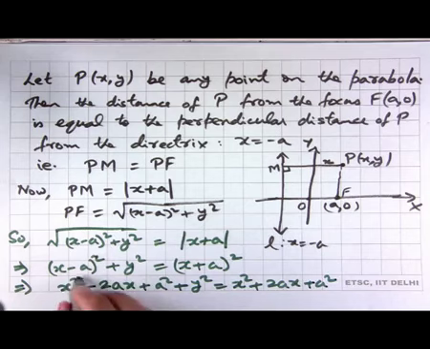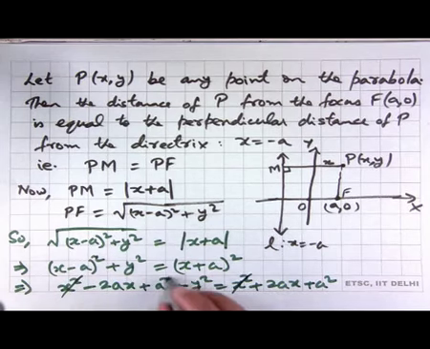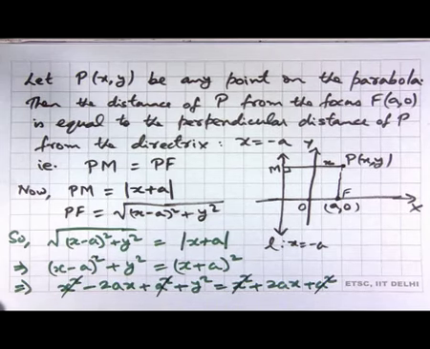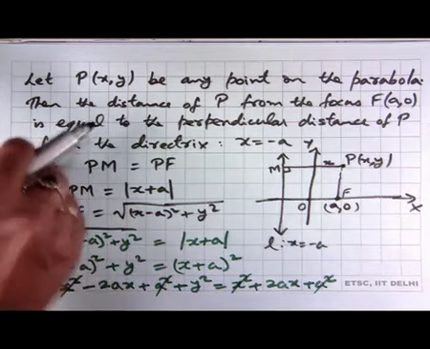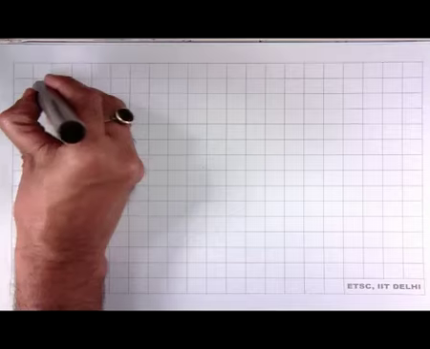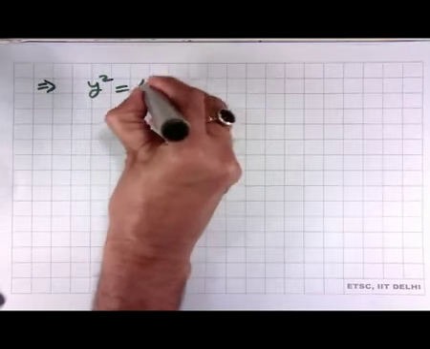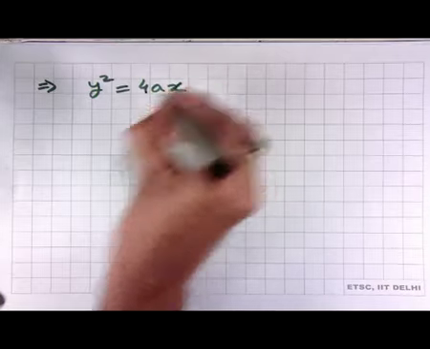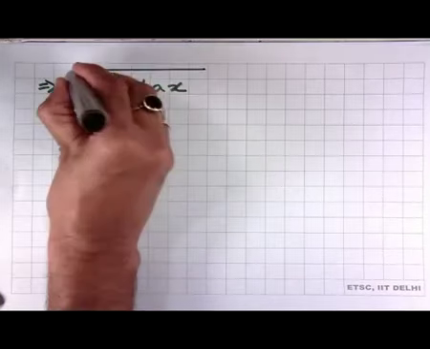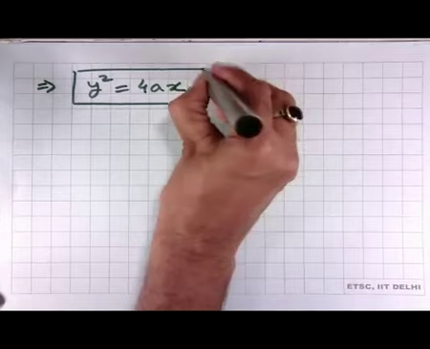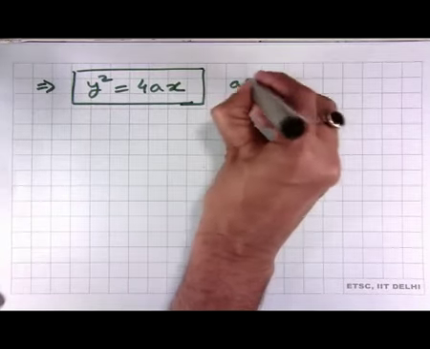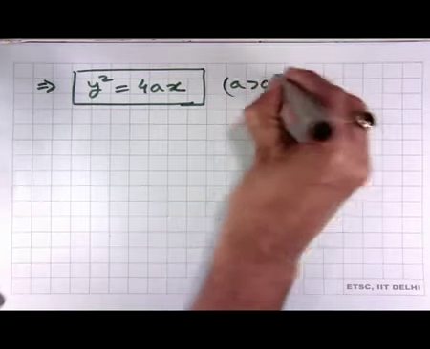So, we see that x square and a square cancel, and then we get the equation is y square equal to 4 a x. And we assume that a is a positive real number in this case.